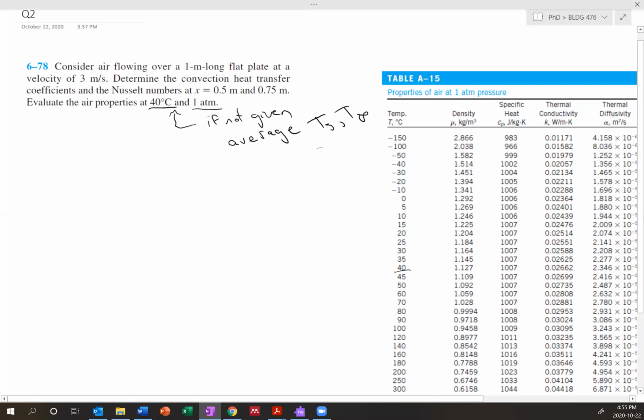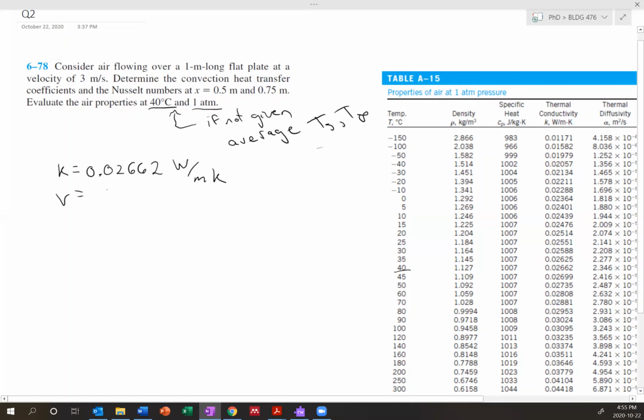And from here, I have them written down here. So we'll grab our thermal conductivity of air, which is 0.02662 watts per meter Kelvin.